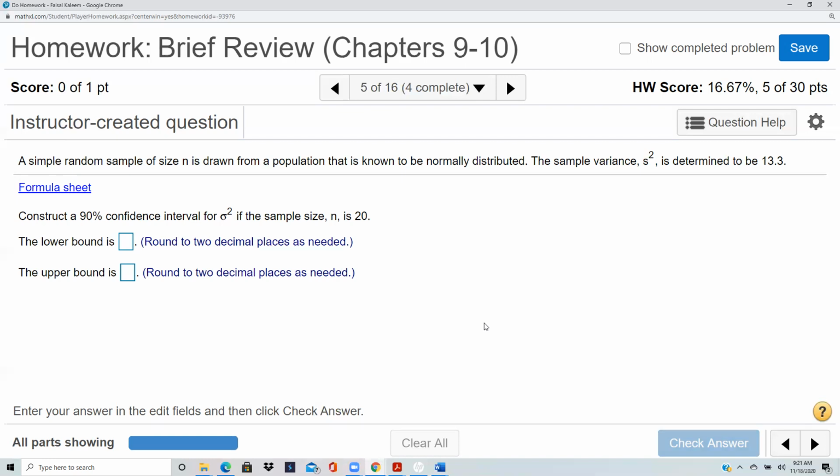Because it says variance. Where does it say variance? It says the sample variance is determined to be. Not because of that, because even in other problems, they sometimes give you sample standard deviation or sample variance. So it's not this one that is telling us that it's variance stats, but something else. It says that it's known to be normally distributed.